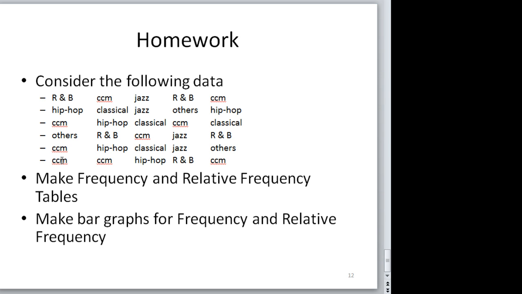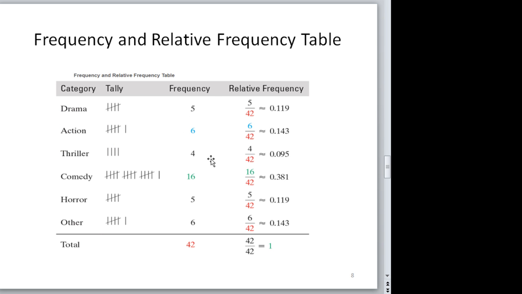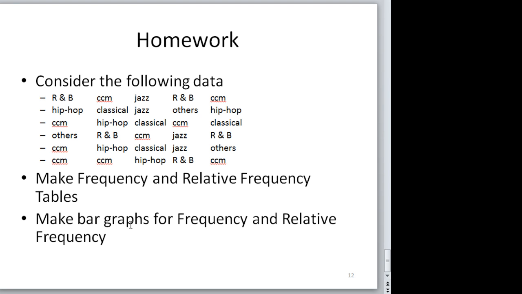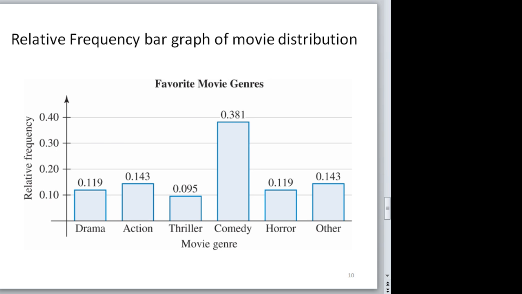Now you are going to do the same thing, right? Just like your project. So make a frequency and relative frequency table. You can put it in one table like this if you want to, and then do the two different types of graph for frequency and relative frequency, just like this or this.